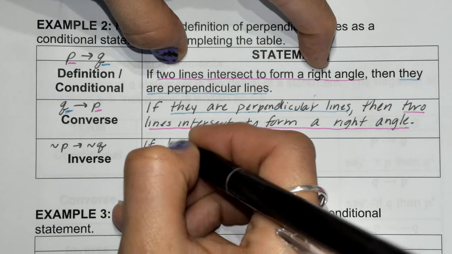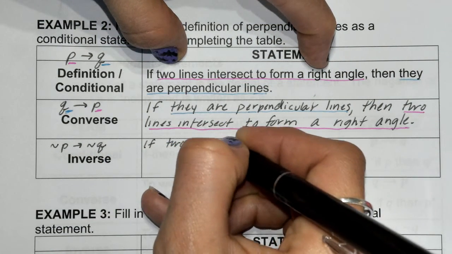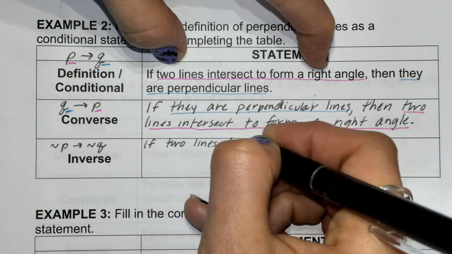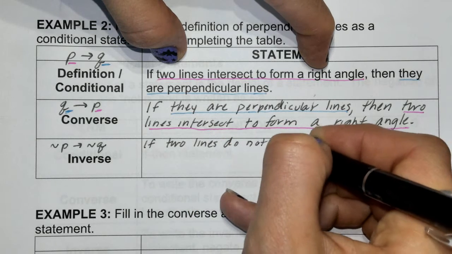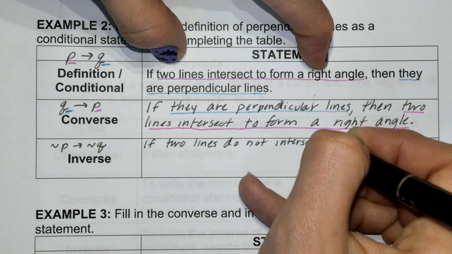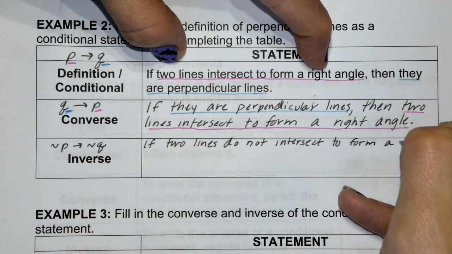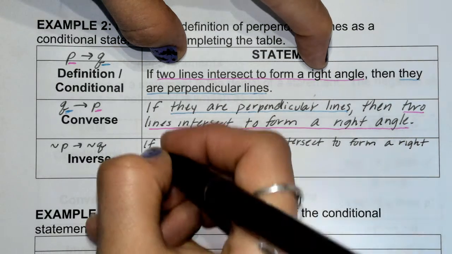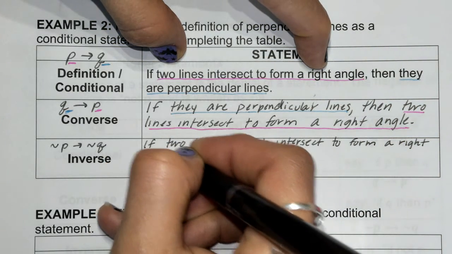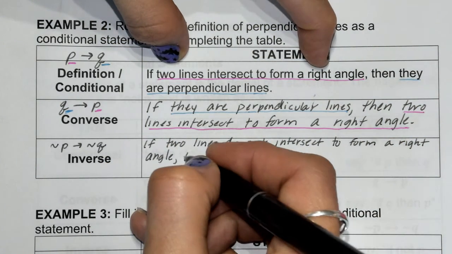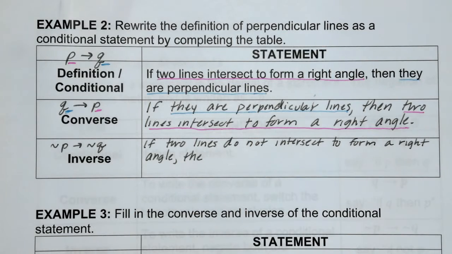So we'll say if two lines do not intersect to form a right angle, comma. Make sure you're pausing because I want you to be hearing what I'm saying, okay?